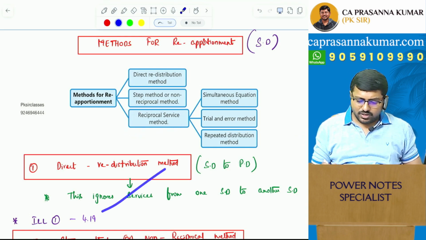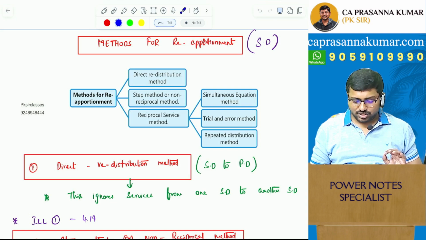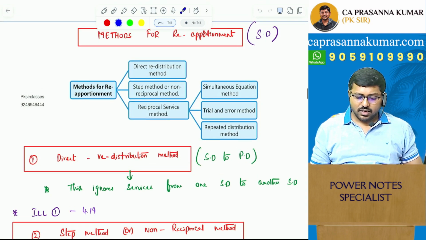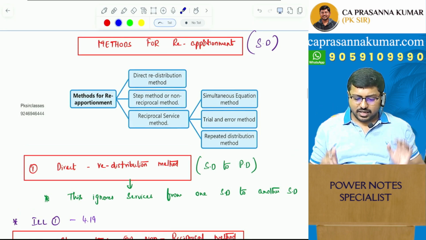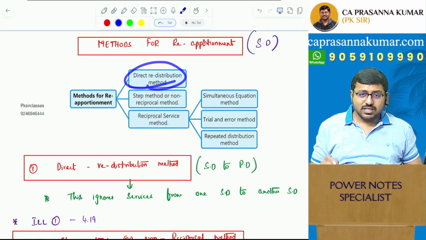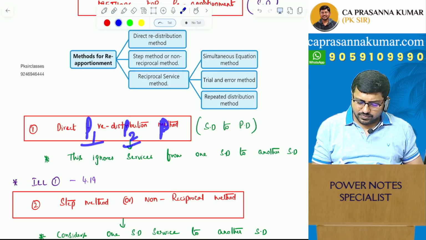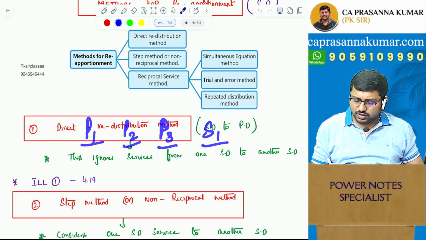Now, before we get to these methods, because this is a revision session, of course I'll be doing sums as well, but we'll try to do it fast. We'll not be solving it. So I'll try to give you a basic idea. Direct distribution method means what? Say for example, you have 3 production departments, P1, P2, P3, and 2 service departments.